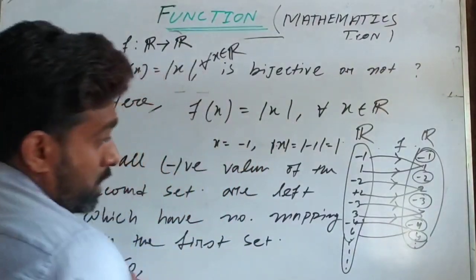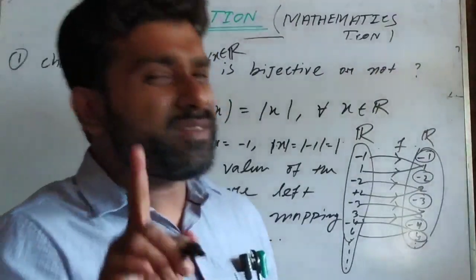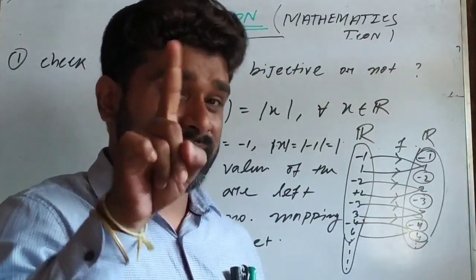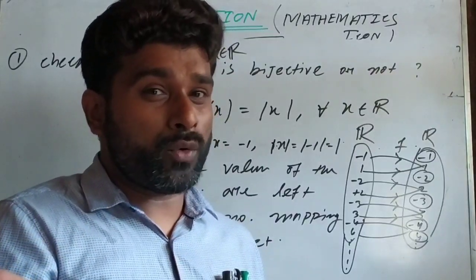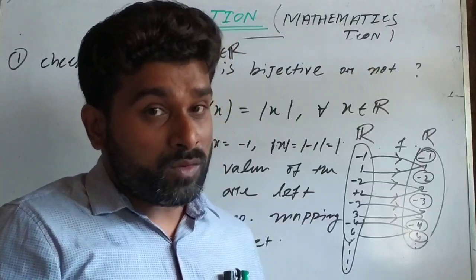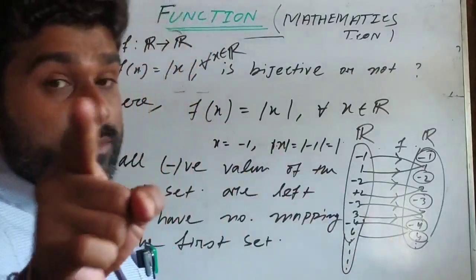So if at least one element is left in the second set, then this function will not be onto; it will be an into function. Just see the definition here. Okay, so just see lecture number 1.